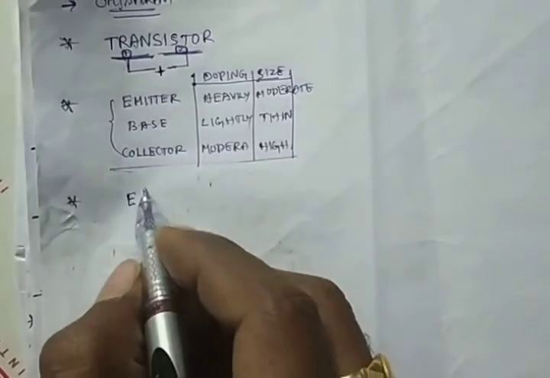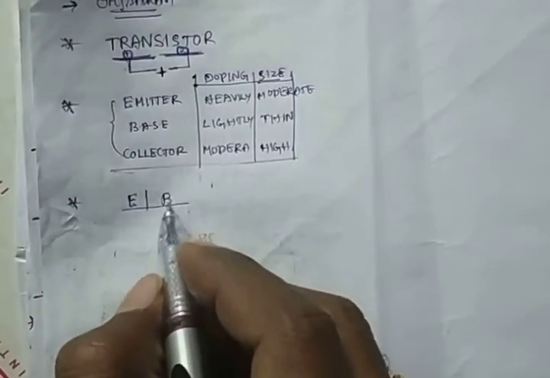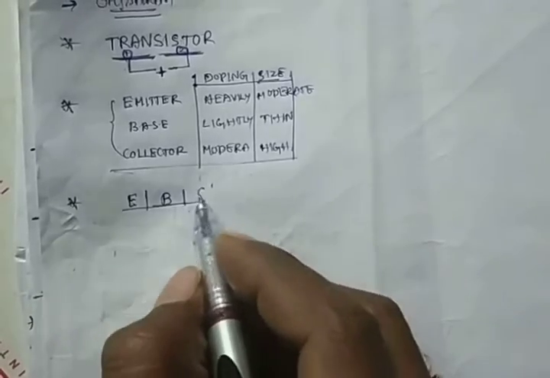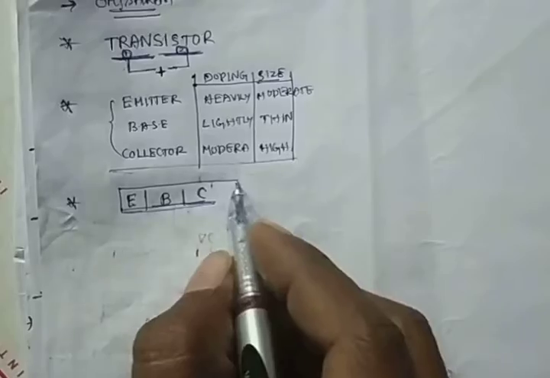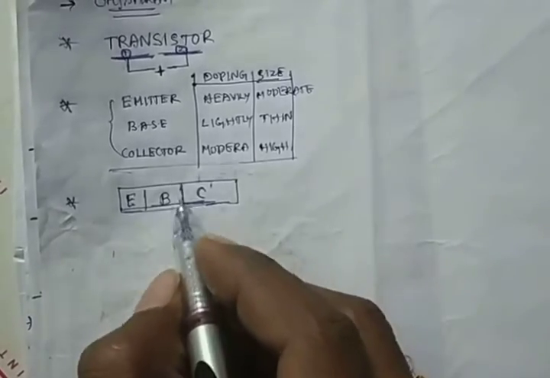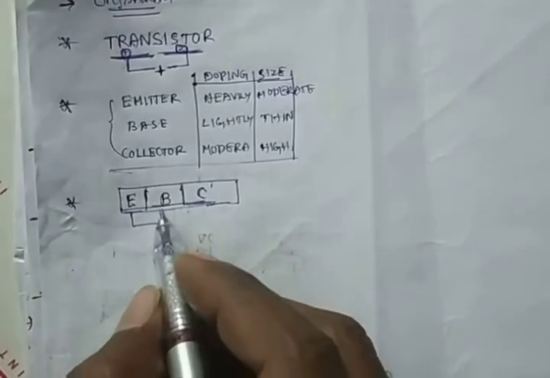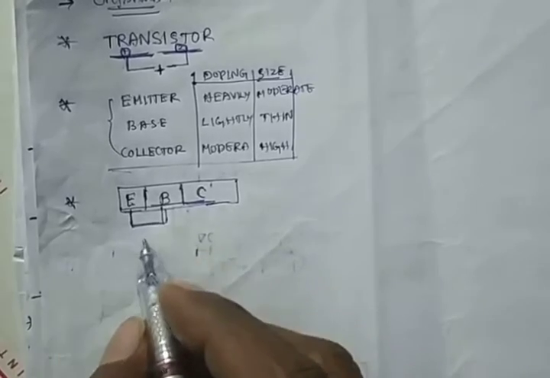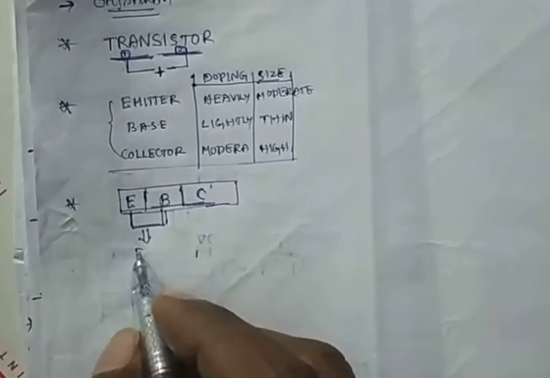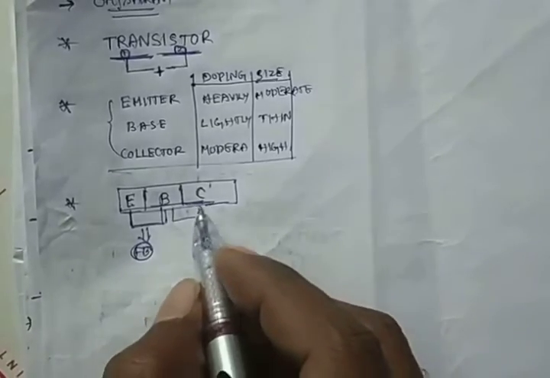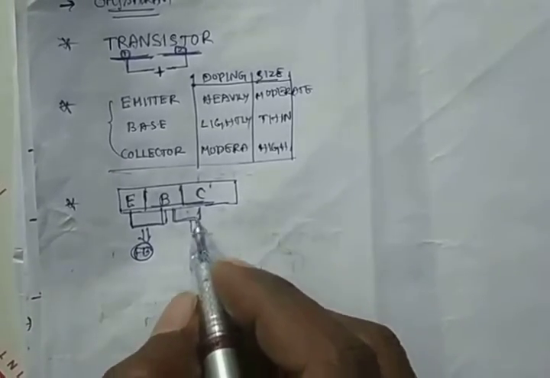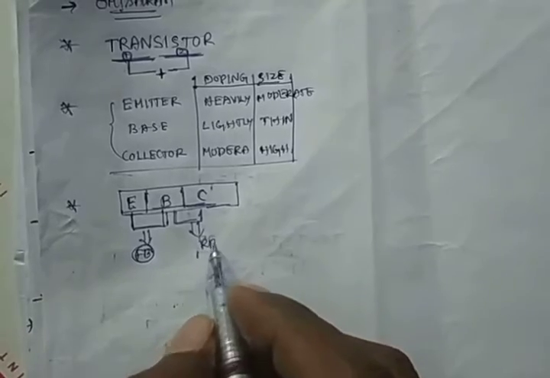In the transistor, the emitter, base and collector, as you observe, this emitter base junction should be in forward bias and collector base junction should be in reverse bias.